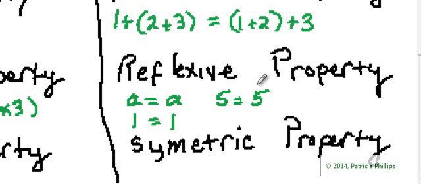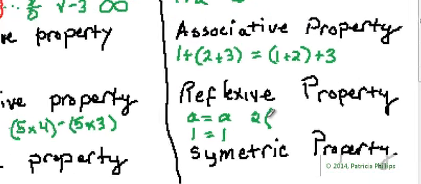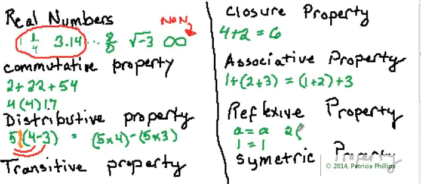You know, but it will simply be that there's an equal sign, and that what is on the left is going to be equal to what is on the right of the equal sign. Let's do something a little bit more complicated with that. Just a tad more complicated. And this will be multiplication, because with reflexive it works with multiplication, addition, subtraction, division, you name it.